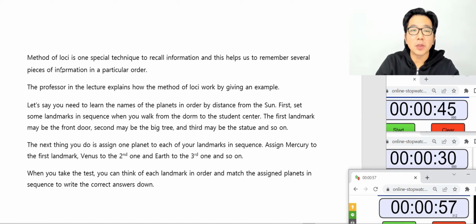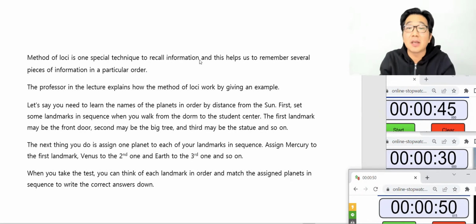Method of loci is one special technique to recall information, and this helps us to remember several pieces of information in a particular order. The professor in the lecture explains how the method of loci works by giving an example. Let's say you need to learn the names of the planets in order by distance from the sun. First, set some landmarks in sequence when you walk from the dorm to the student center.